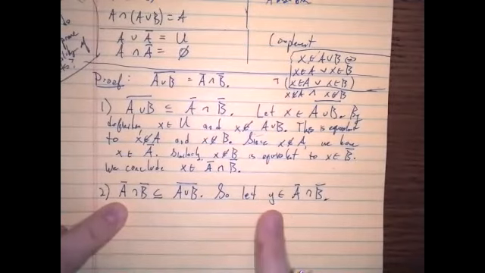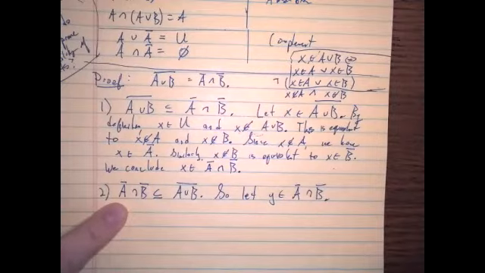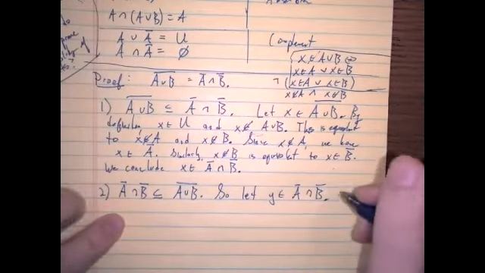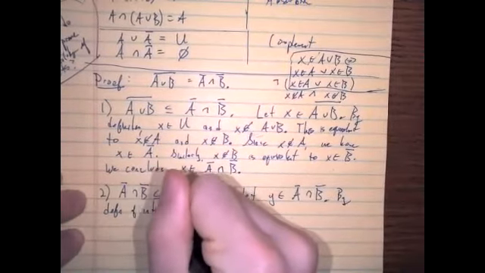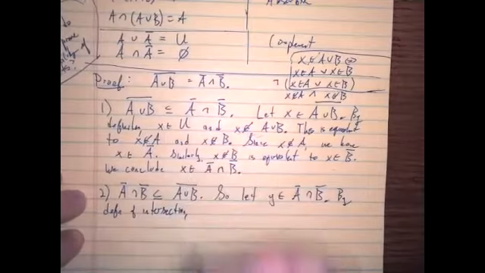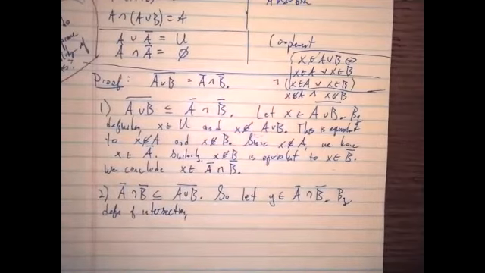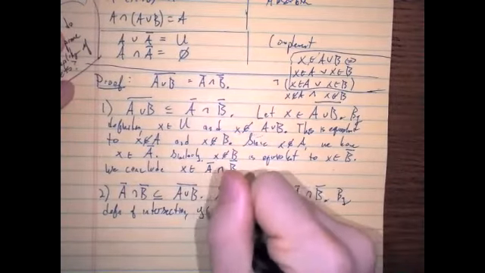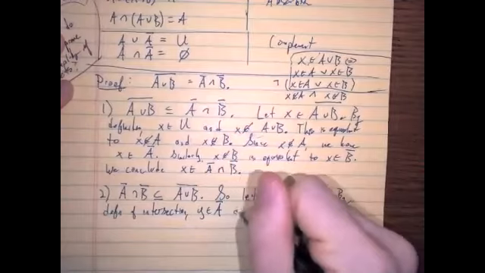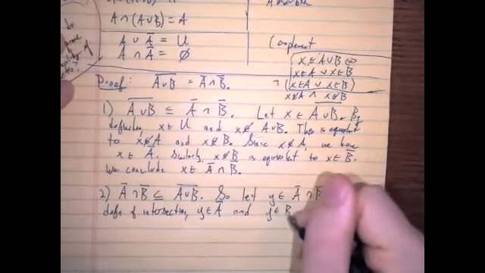Okay, what does it mean if Y is inside an intersection? By definition of intersection, yep, it's in both. So I get two statements out of this. I get Y is inside A bar and Y is inside B bar.